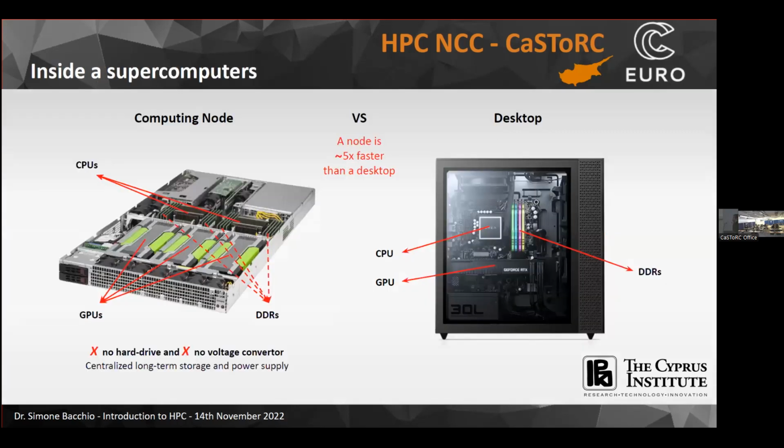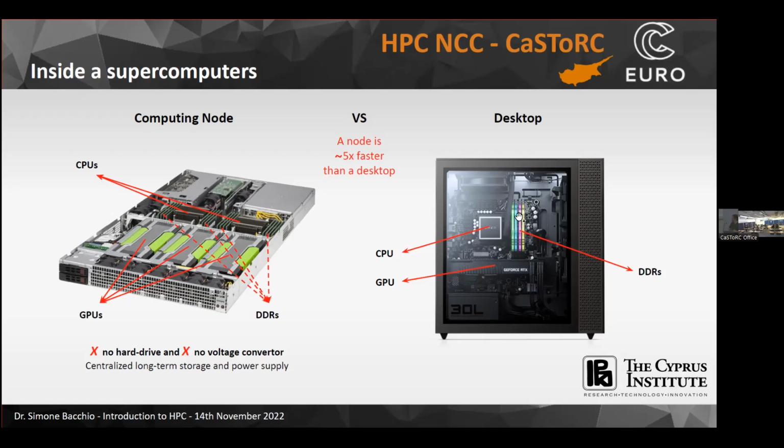Okay, so before starting, let's try to understand what is the difference between a supercomputer, or in general a computing node, against what every one of us has, which is a desktop or a laptop. So what do we have usually in a desktop or a laptop? Well, we have a CPU. This is the one processing unit that does most of the calculation we need.